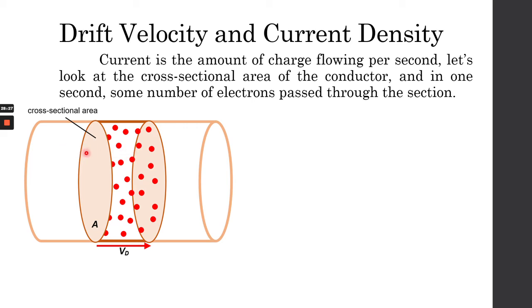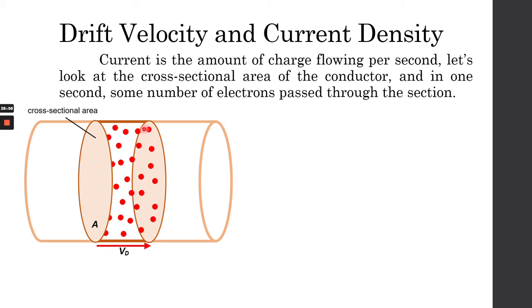If we encase them in a cylinder, measuring the total number and the total charge of all these electrons will give us the electric current in this particular scenario.